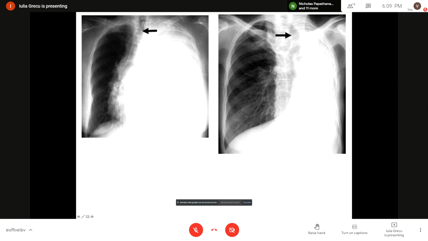We can nicely see it here because it's a little bit transparent, similar to the lung, because it's filled with air. And the trachea is moved to the right side. And also, I agree with you, the heart is also moved towards the right, so away from this huge, massive opacity that we see on the left hemithorax.